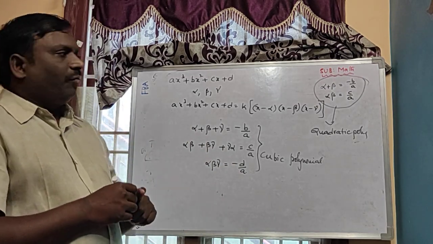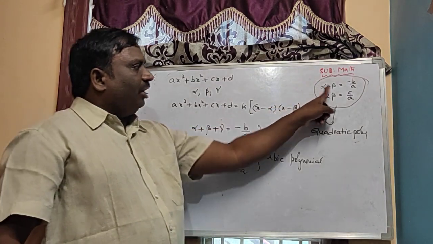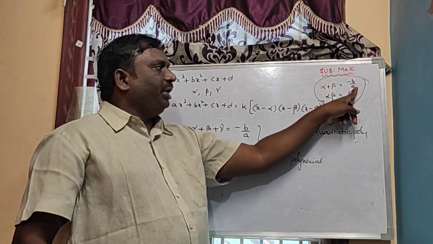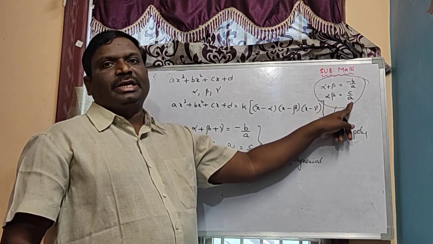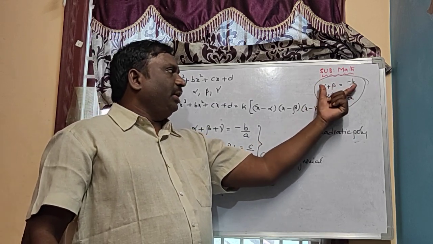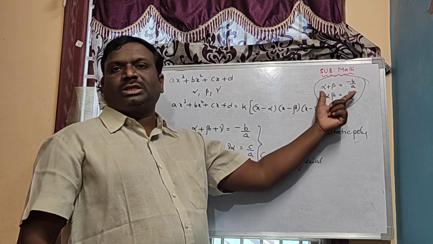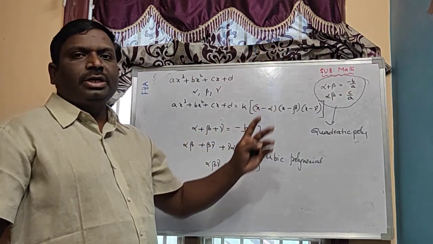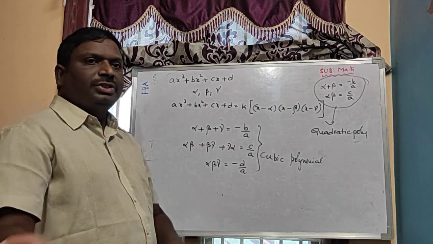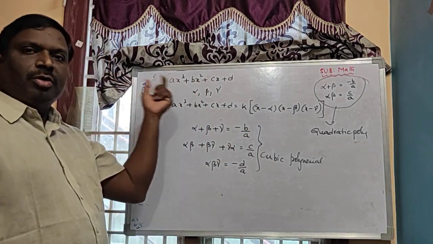When you verify that LHS equals RHS, then you have verified the relationship between zeros and coefficients. Coefficients means the coefficients of the given quadratic polynomial or cubic polynomial.